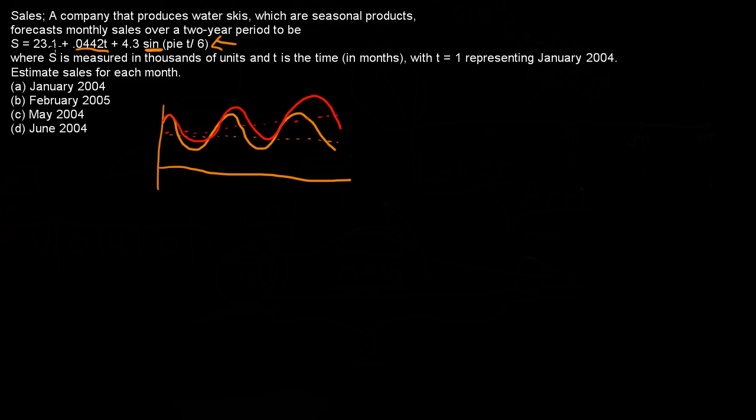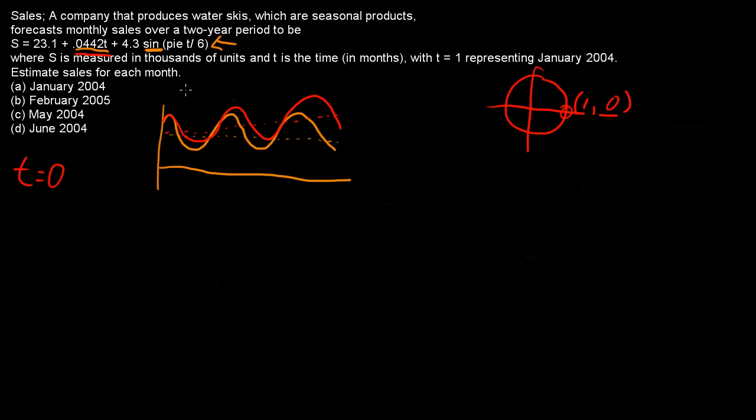And the 23.1: when t equals 0, the 0.0442t goes to 0, and in the sine term, t times pi is 0, divided by 6 remains 0, and sine of 0, from a really quick unit circle, the point at 0 is (1, 0) where the y value is 0.